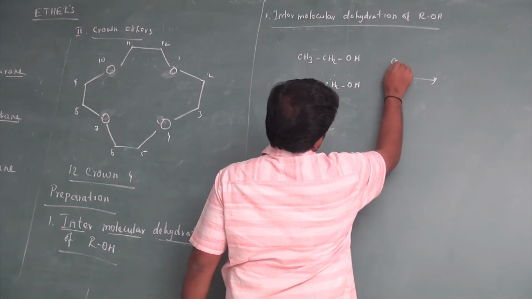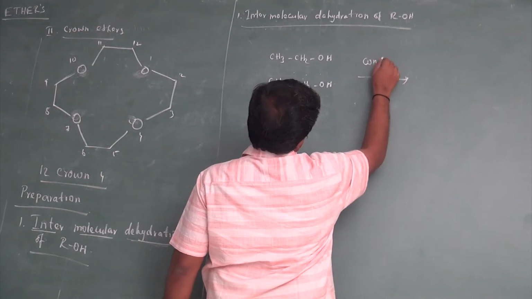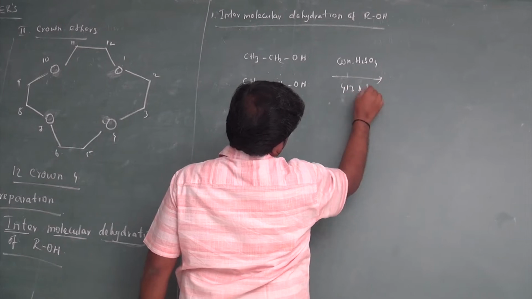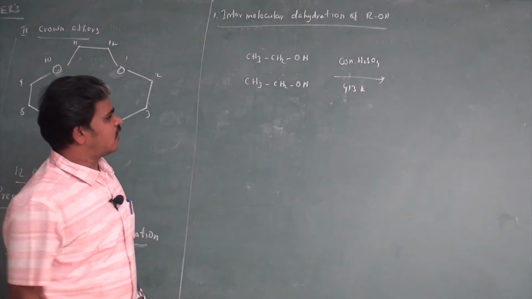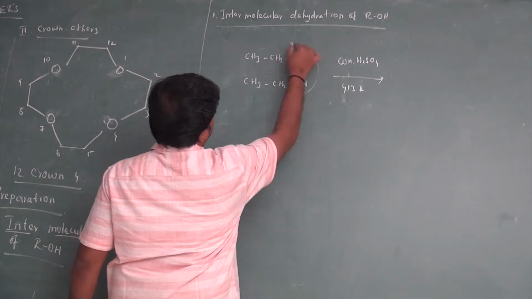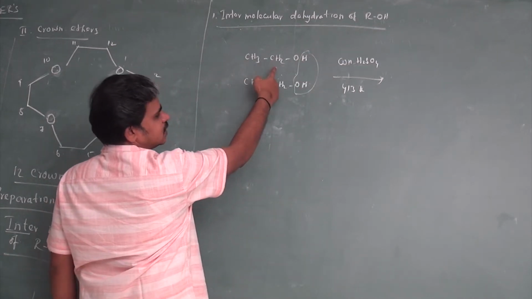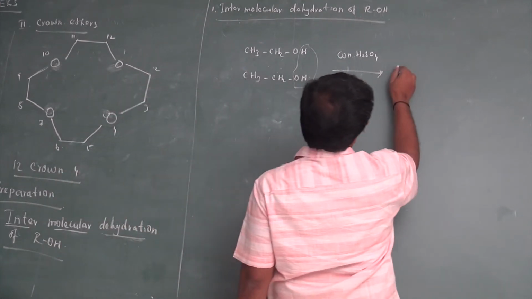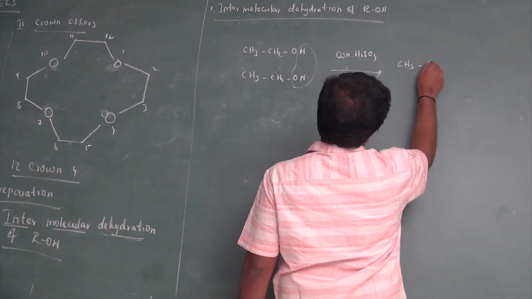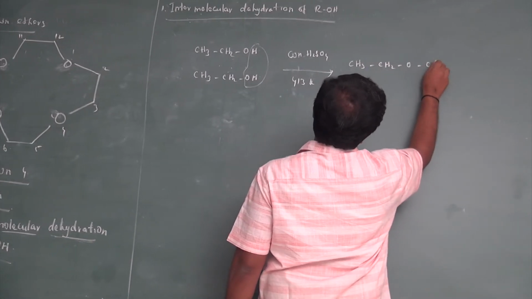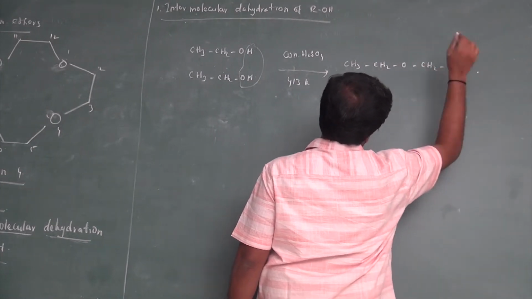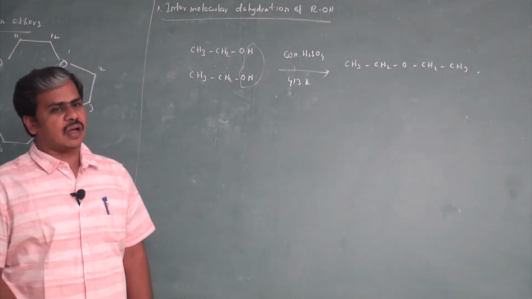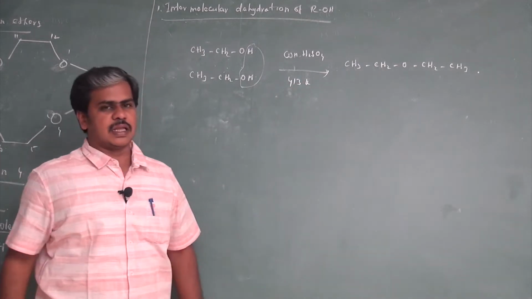In presence of concentrated sulfuric acid at 413 Kelvin, we are removing a water molecule, so that here CH3CH2OCH2CH3. So we are getting the ether. It is intermolecular dehydration of alcohol, and then we are getting the ethers.